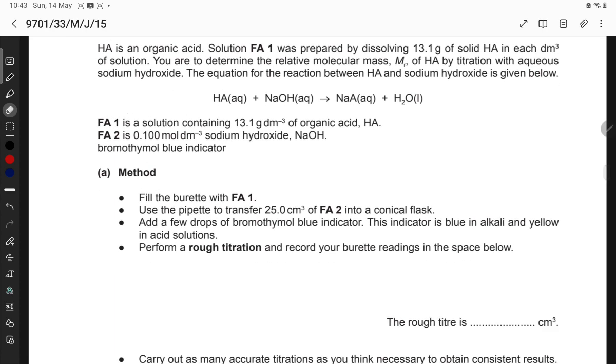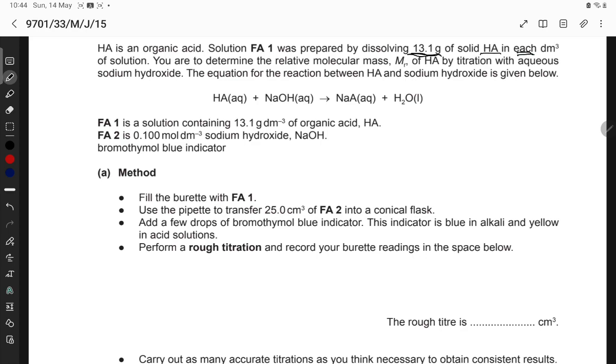HA is an organic acid. Solution Fa1 was prepared by dissolving 13.1 gram of solid HA in each decimeter cube of the solution. These are the information which you must read very carefully, and underline the key points while reading the question.